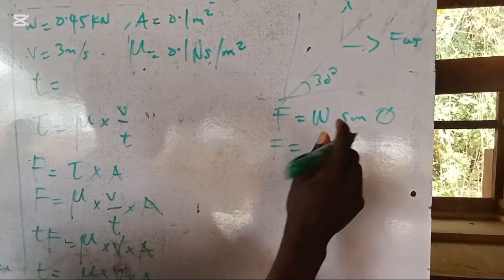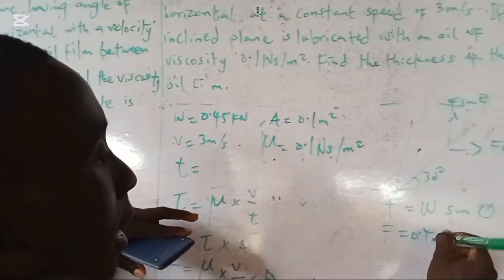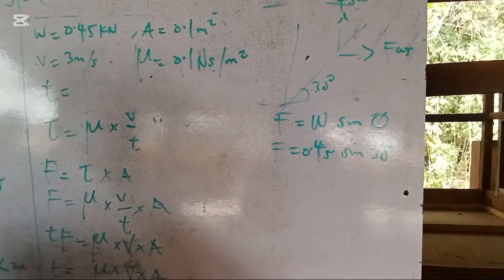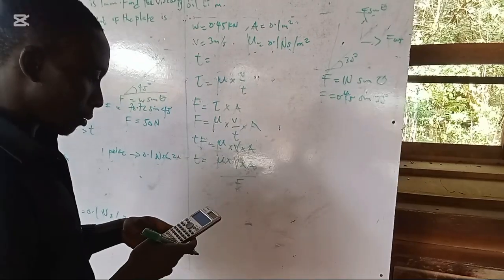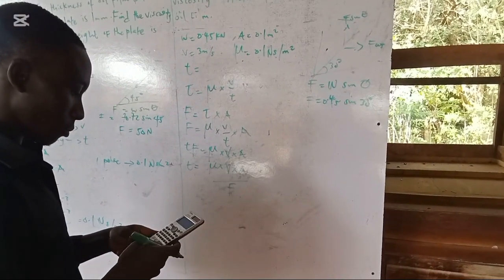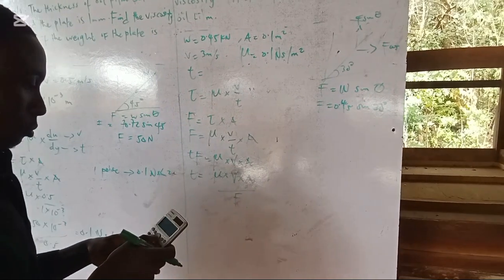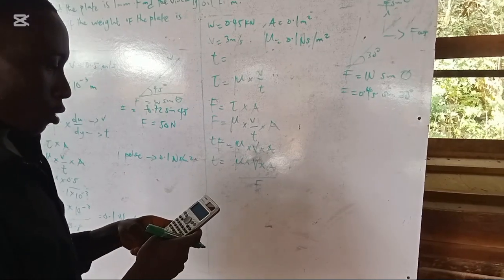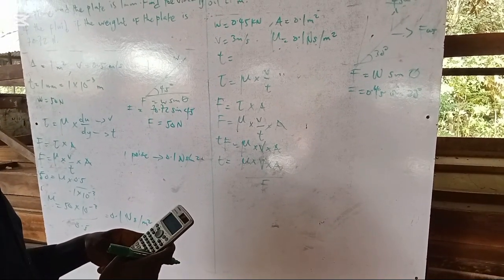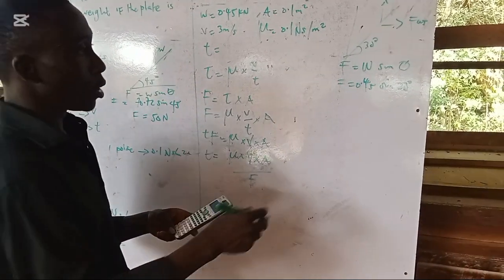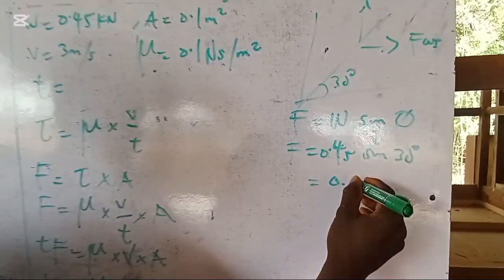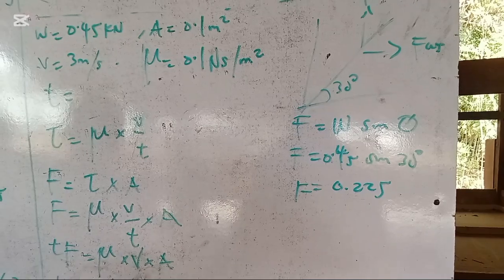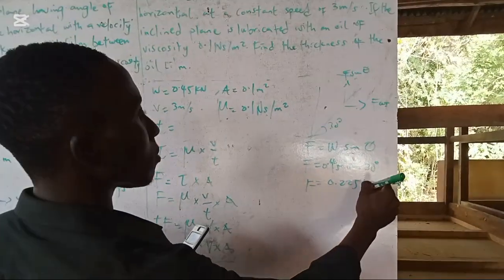So you have F is equal to, what's our W? 0.45 sin, what's our degree? 30. Let us put that down: 0.45 sin 30, we have 0.225.